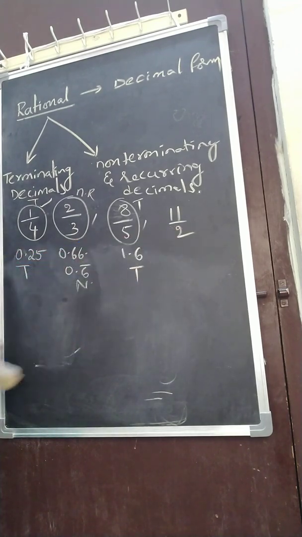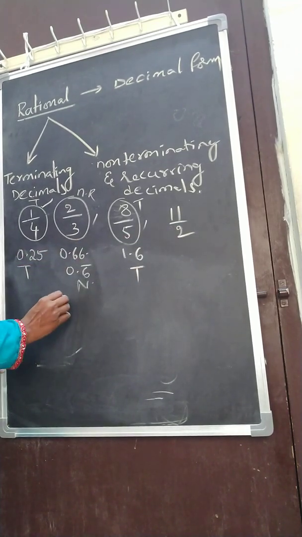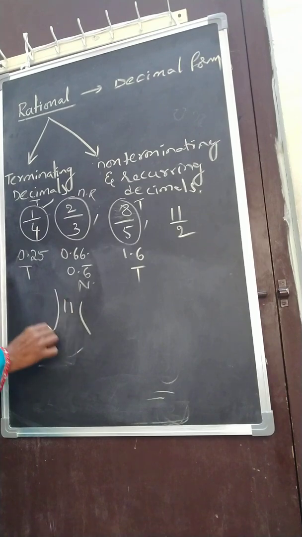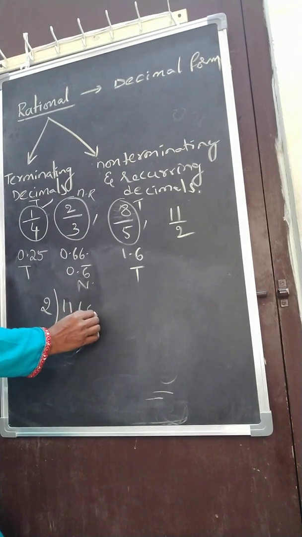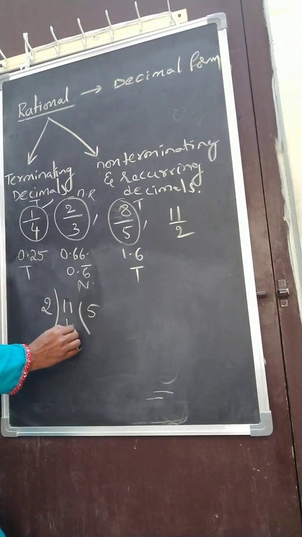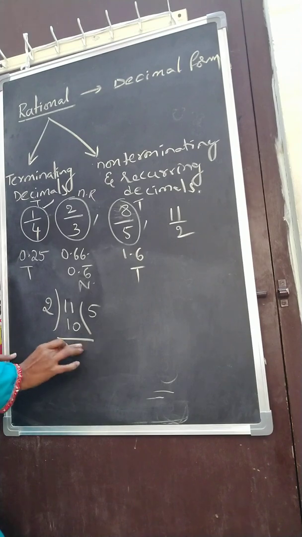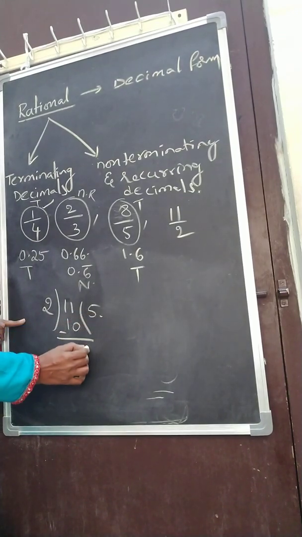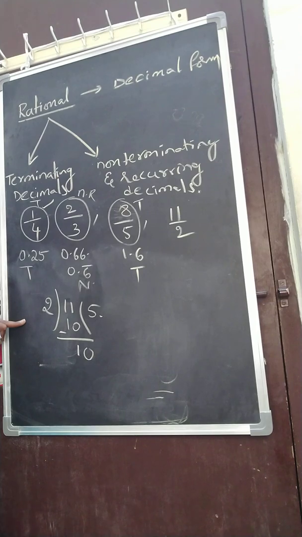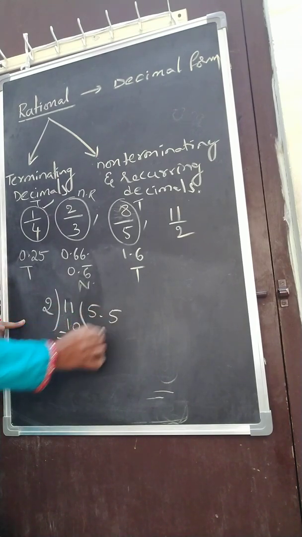And let us check out 11 by 2. 11 divided by 2. 2 5s 10. 11 minus 10, 1. 1 is smaller than 2. So, take the decimal point. This becomes 10. Again, 2 5s, 10.